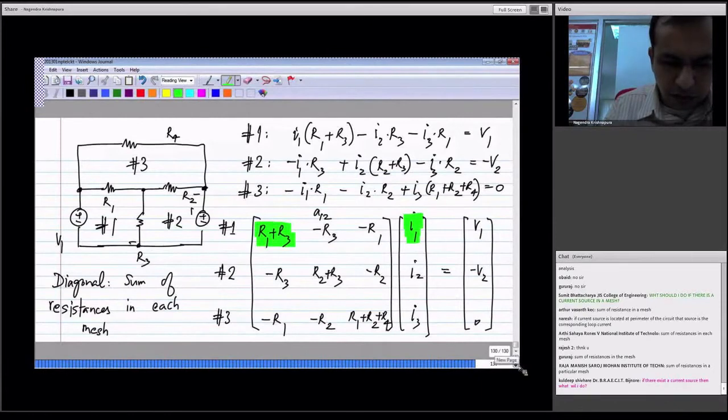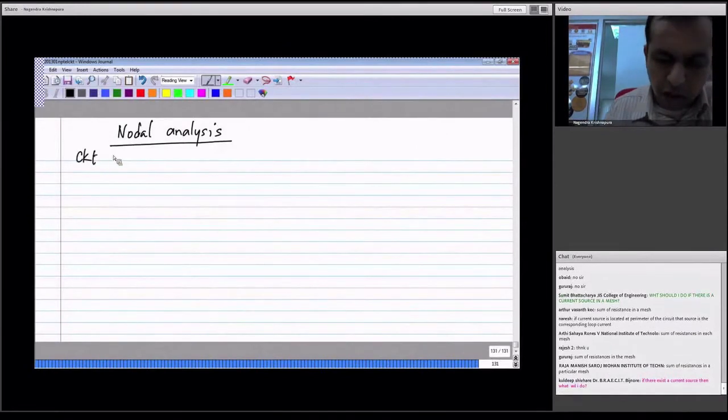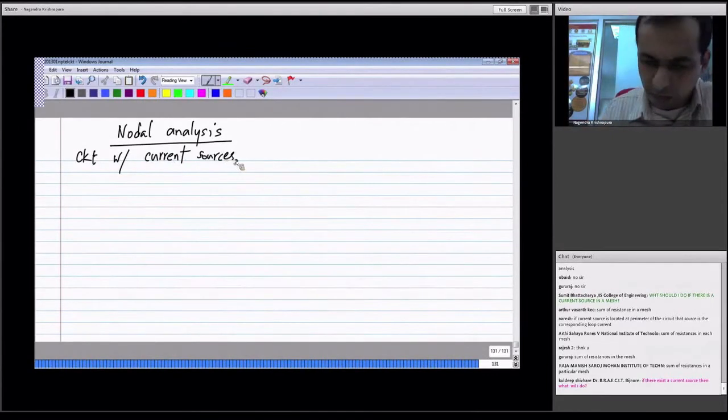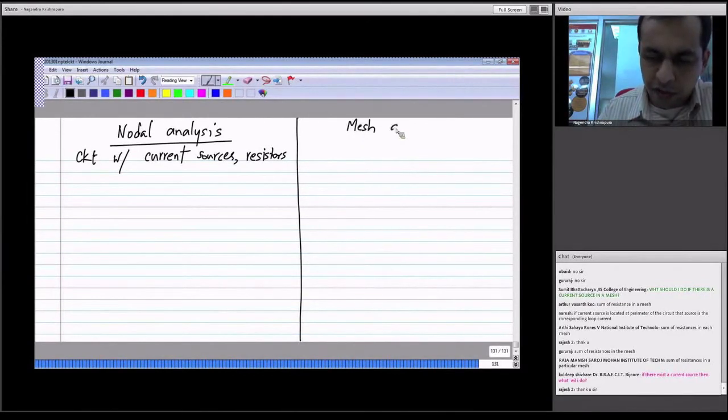So first of all, I will compare nodal analysis of a circuit having current sources and resistors versus mesh analysis of a circuit with voltage sources and resistors.